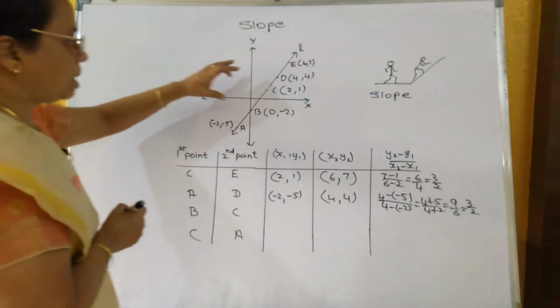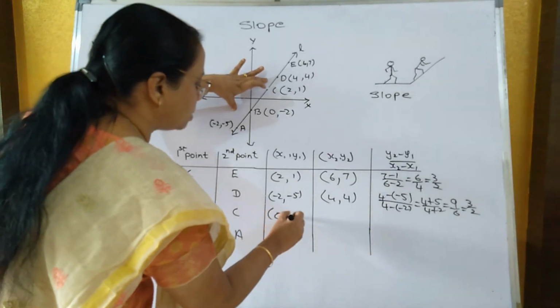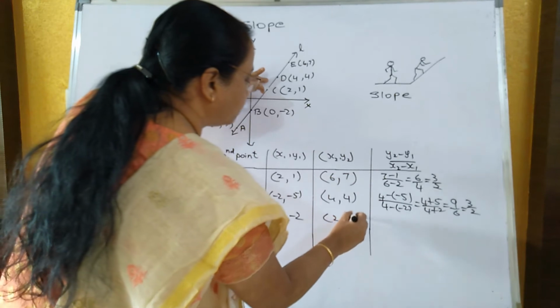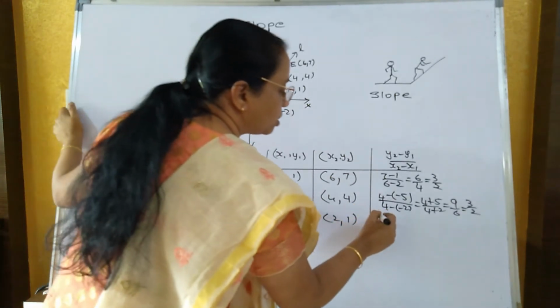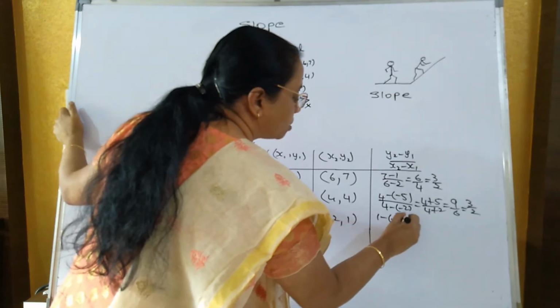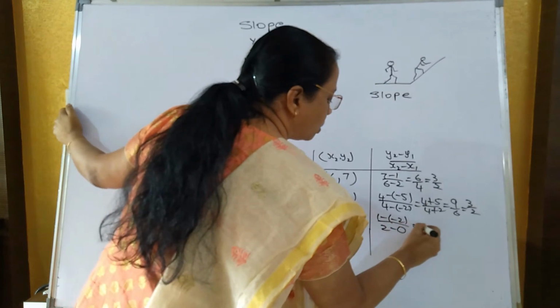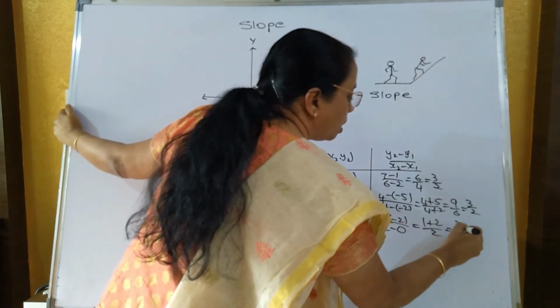Now we will take B and C. B is (0, -2), and C is (2, 1). Now y2 minus y1, 1 minus (-2), upon 2 minus 0, that's equal to 1 plus 2 upon 2, that's equal to 3 upon 2.